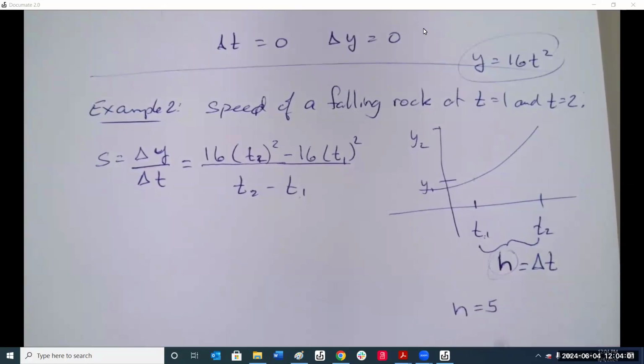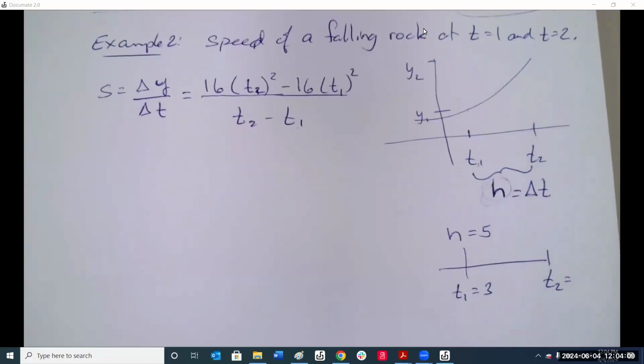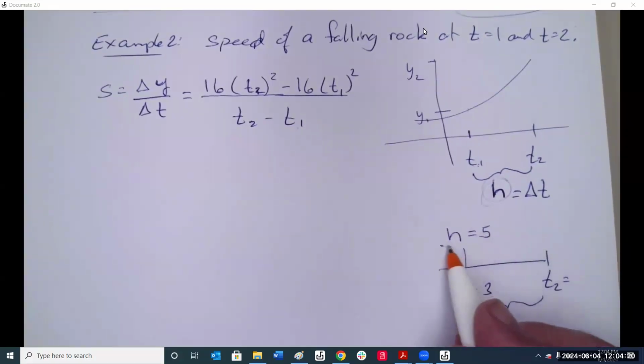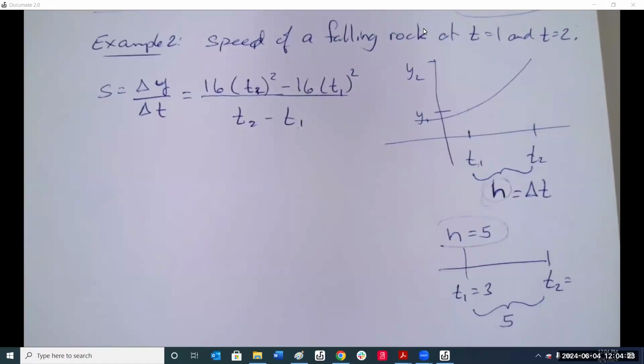If H was 5, if T1 was 3, what would T2 be? Remember, H is the distance between these two. It's 5. It'd be 8. How do we get 8? No. We started off at T1. How do we get to T2?